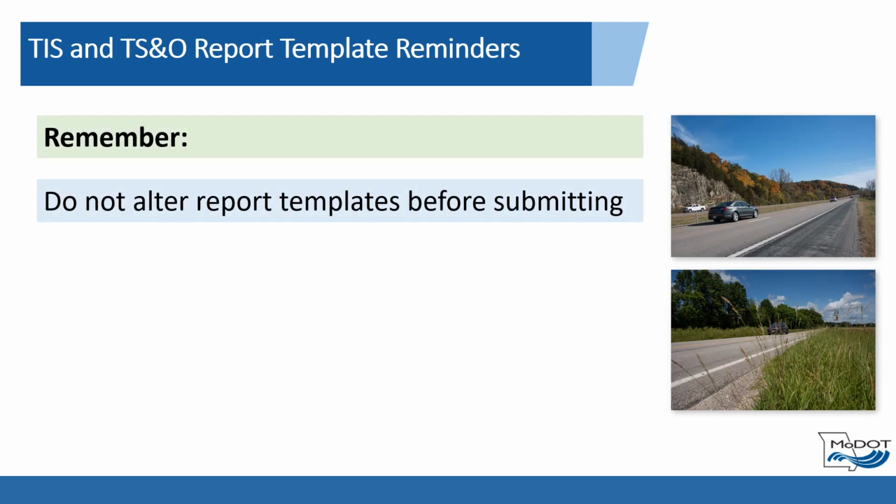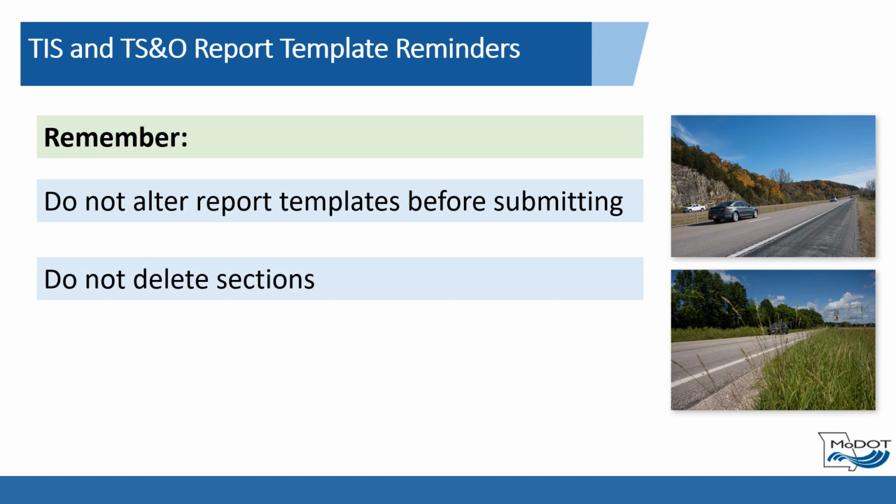It is important that the report template is not altered before submitting to MoDOT. Do not delete any sections of the template. Instead, if a section does not apply to a given project, write NA and give a brief explanation for why that section does not apply.